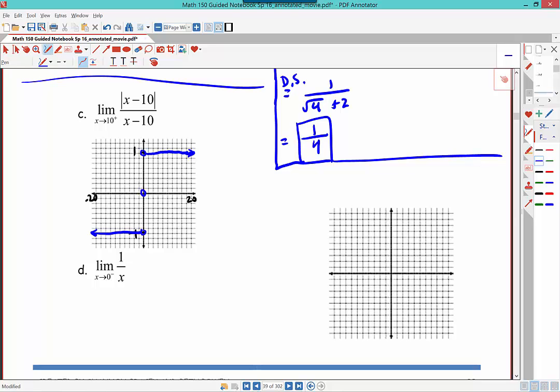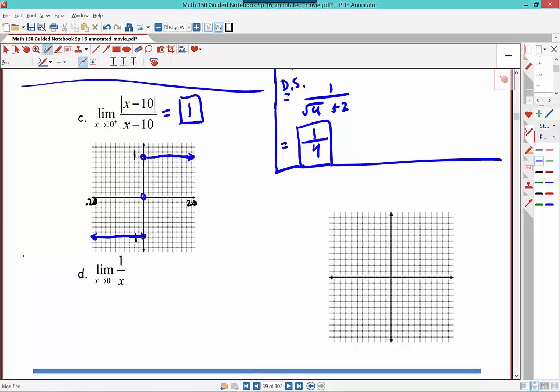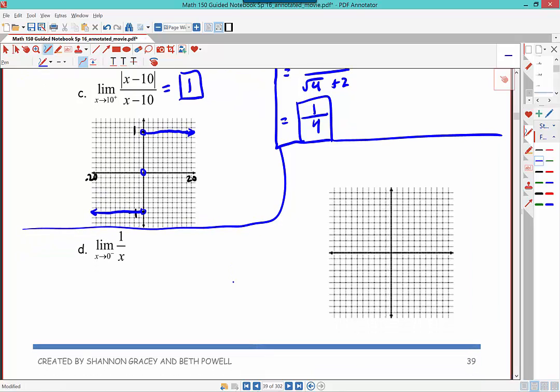No, because you'd be approaching different values from either side, so that one wouldn't exist. As x approaches 10 from the left side, you get an output of -1, and so the limit wouldn't exist unless you had that superscript on there. Only the one-sided limits exist.